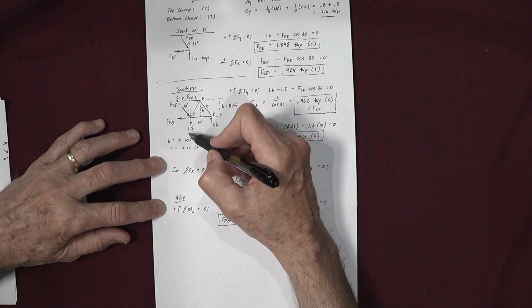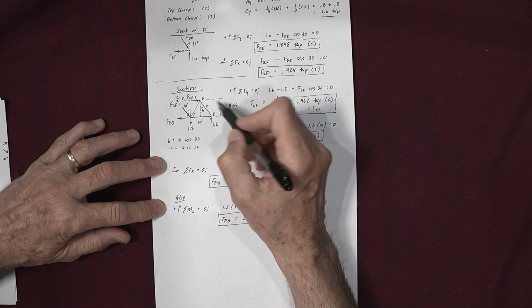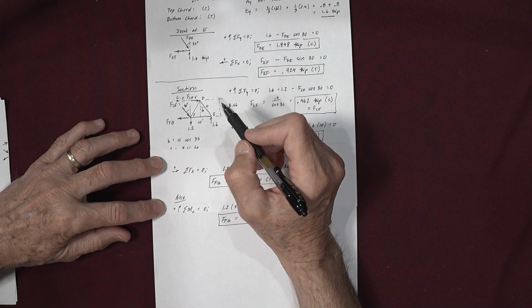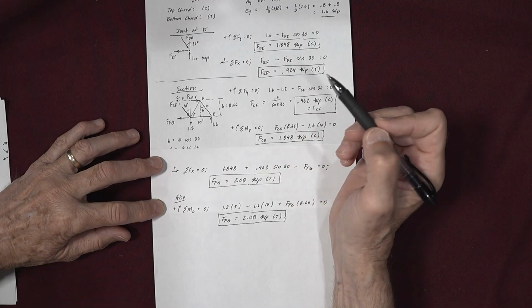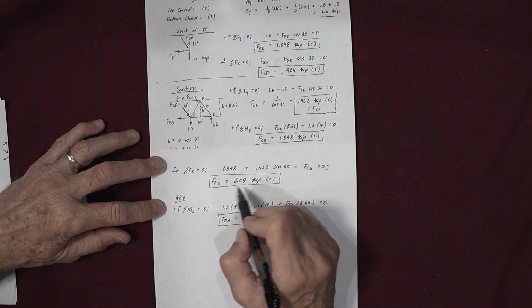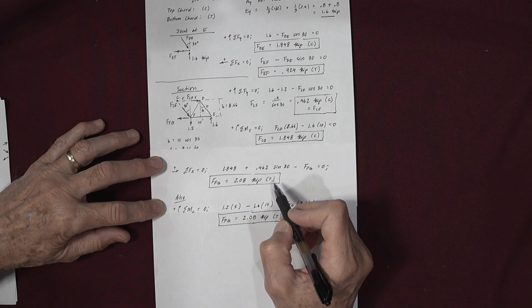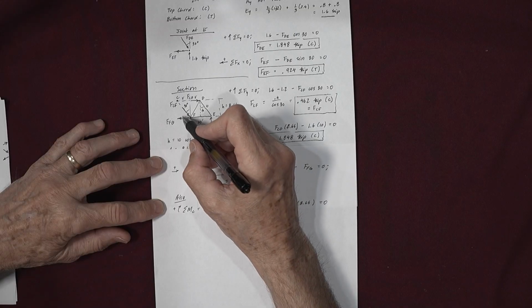There's no x component on this load, there's no x component here, and there's no other load with x components. So I'm basically just using the x components of all three of these forces. And I get FFG is 2.08 kip in tension, the way I drew it.